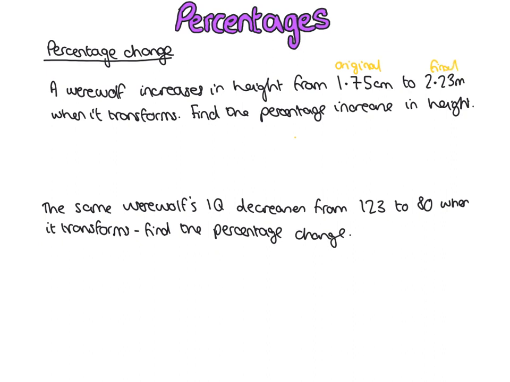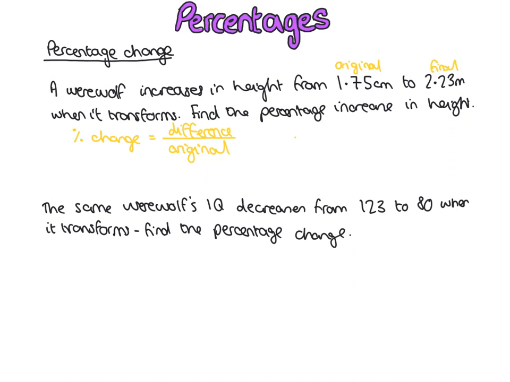How we work out percentage change is we do the difference over the original value. If you don't follow this method, you will make mistakes with this. Lots of people have tried to shortcut the method and they have made mistakes. You always need the original, i.e. what it started at, on the bottom.